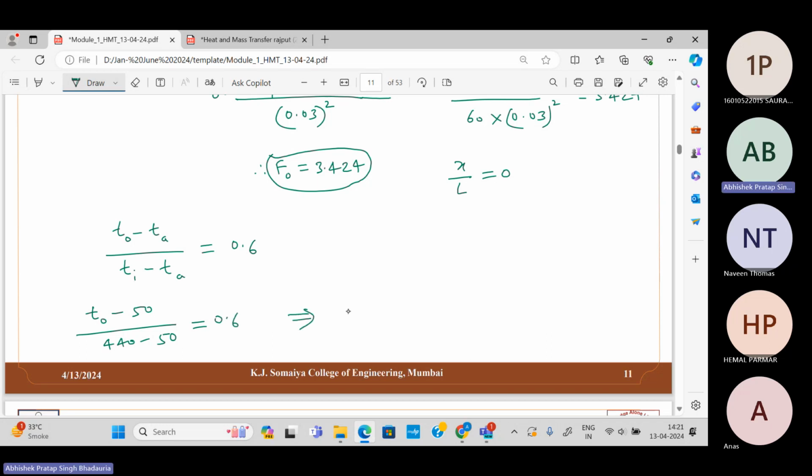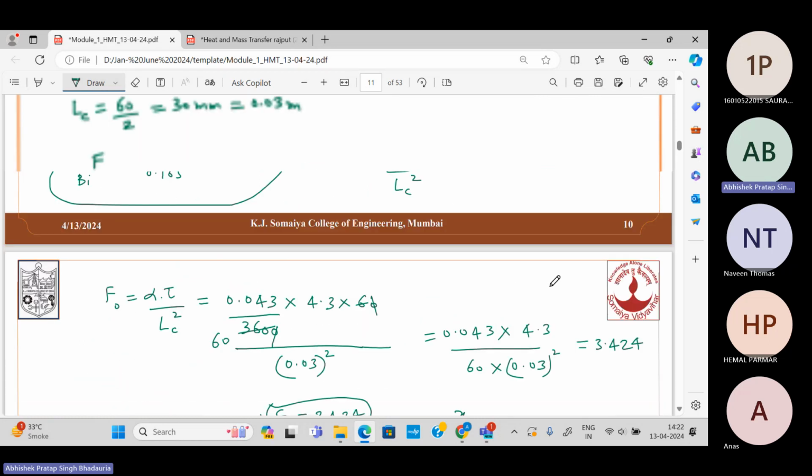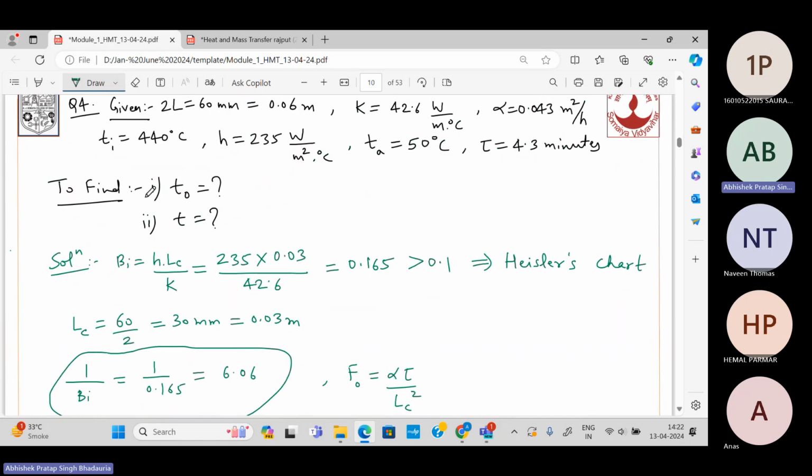So from this we can directly find the value of T naught. The calculated value of T naught is 284 degrees Celsius. This is the center line temperature, or the mid plane temperature. So we have determined this first one. Any doubt so far?